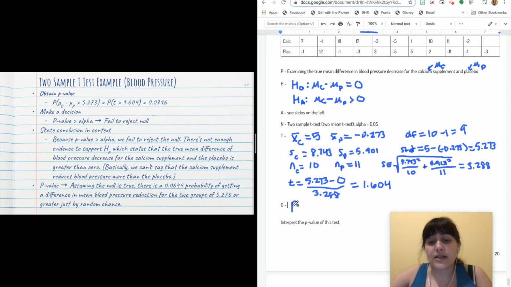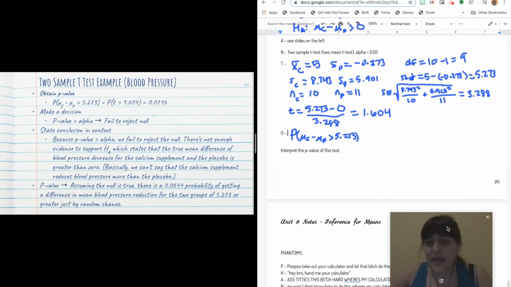So we are trying to find the probability that mu c minus mu p, how likely is it that we get this sample, that this is greater than 5.273.